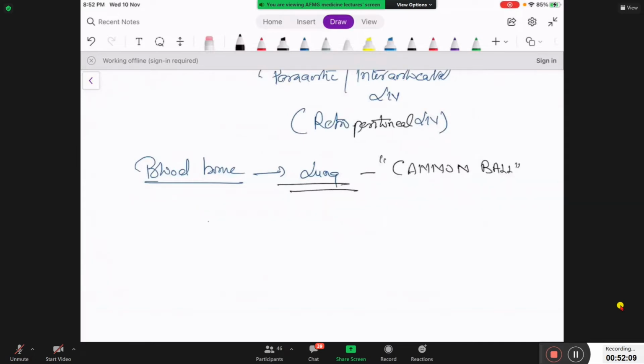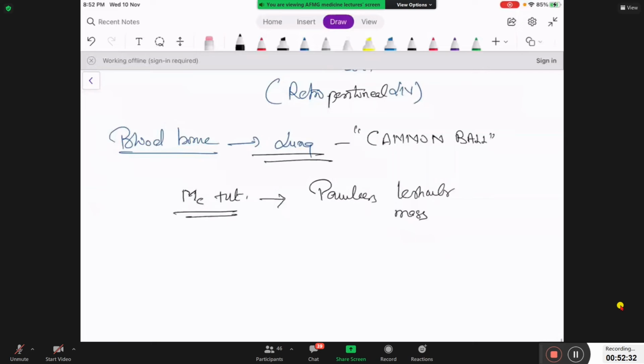Now, the most common presentation of testicular malignancy is a painless testicular mass. Patient can also present to us with an abdominal mass. Can anyone tell me what could be the reason for an abdominal mass? Very good.